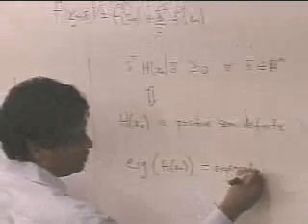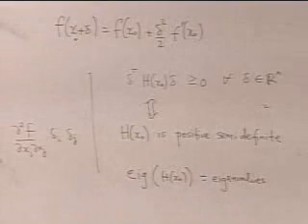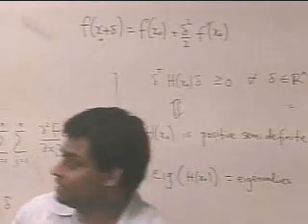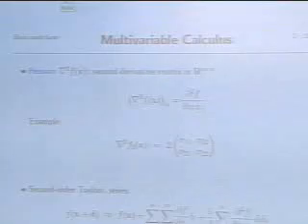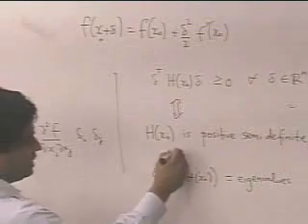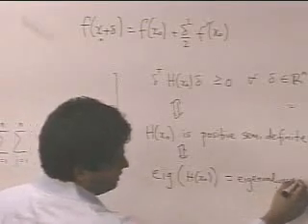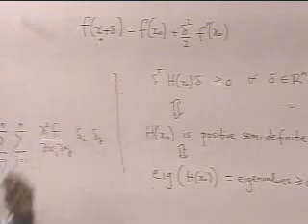In this class you would not need to actually know what eigenvalues are, but I'm sure that when you go into stochastics, we're going to talk about eigenvalues, particularly various kinds of equilibration and things of that sort. But for us, we'll just say you go to MATLAB and compute. You give this command. This will compute the eigenvalues, and you check whether the eigenvalues are non-negative. If they are non-negative, H of x0 is positive semi-definite, which means that this is non-negative.